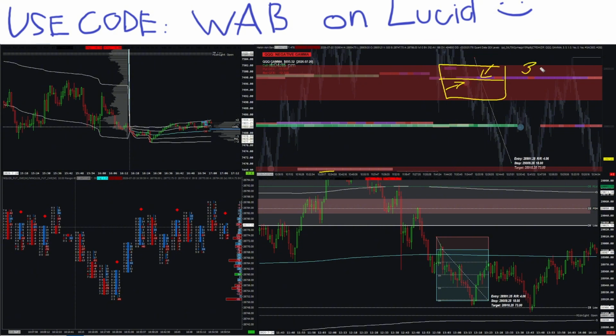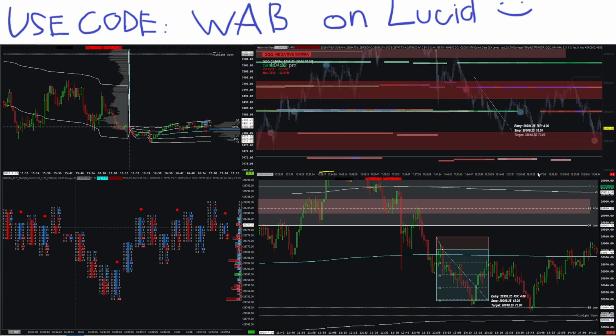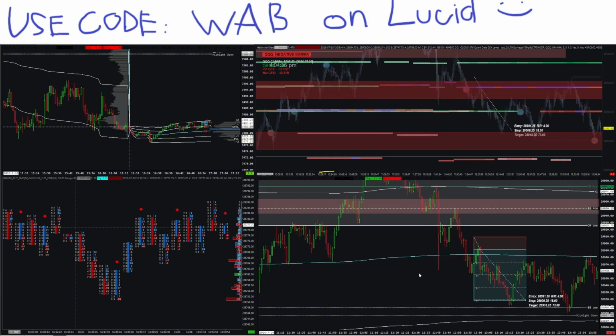So I had three confluences for this trade, and that's why I was able to hold it for so long. It was a super clean 3-point-something R trade, and I took home 72 points after the market being kind of doo-doo for the first two hours. With patience and context build up, we were able to cash a nice 72 points.